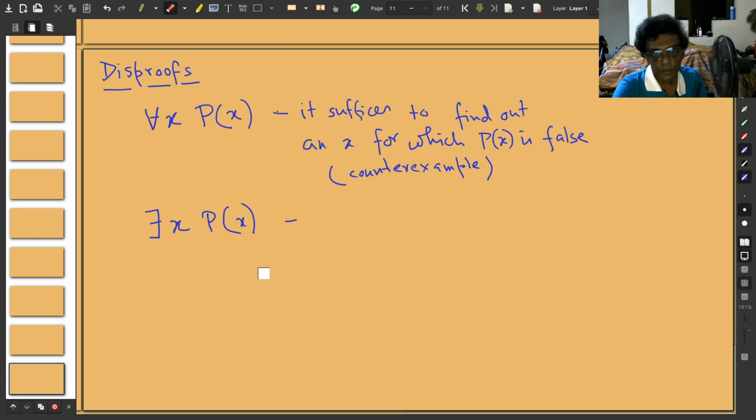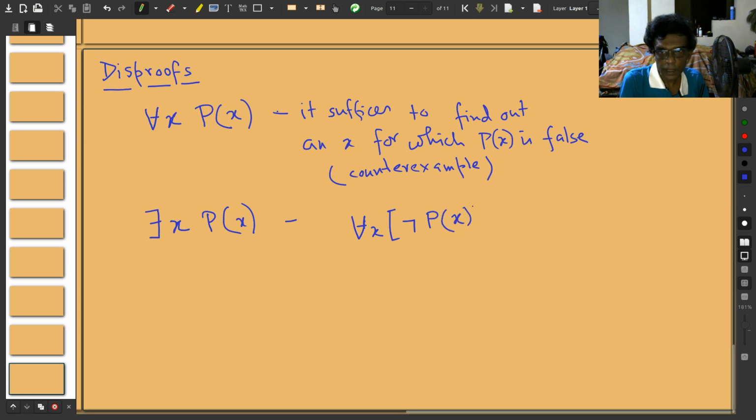If this is disproved, then I am essentially proving its negation. And what is this negation? For all x, not P(x). Right. So now there is no question of a counterexample. I have to prove this statement for all x. So counterexamples do not work here.